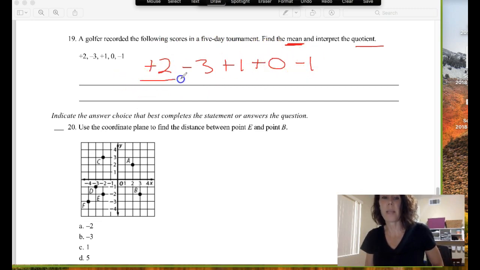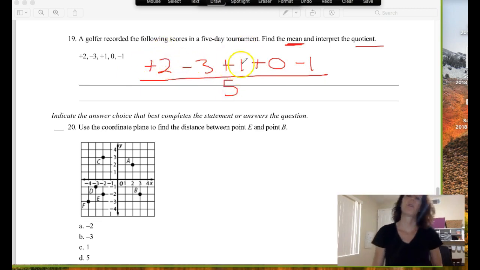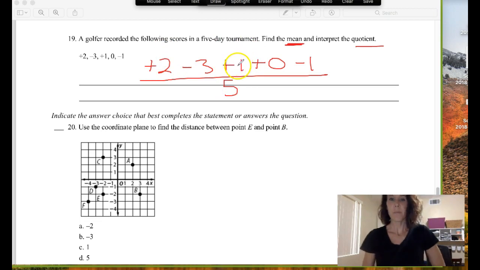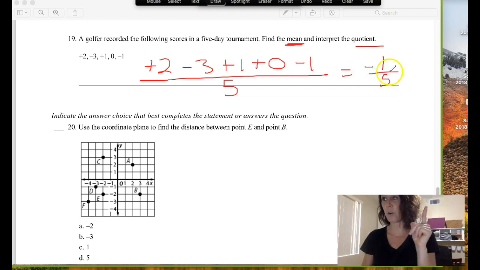So the mean means I add them all up and divide by the number of scores. There are 5. So if I add these all up, 2 and 1 is 3. And then 3 minus 3 is 0. Plus 0 is 0, minus 1. So I'm going to get -1 here on top over 5. So -1 over 5, that's not even 1 whole under or over par.